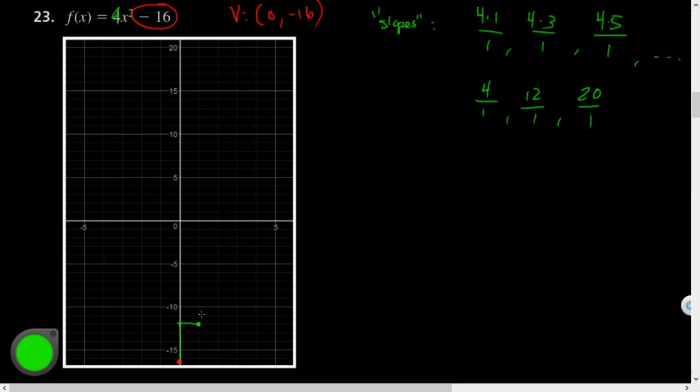Then going up 12 from negative 12 is going to bring me all the way to 0. That's convenient. Over 1. And then going up 20 from there, hey, it's almost like I planned this coordinate plane for us perfectly. Over 1. Right, so I went up 4, up 12, and then up 20 for my quote-unquote slopes. And then let's mirror those.